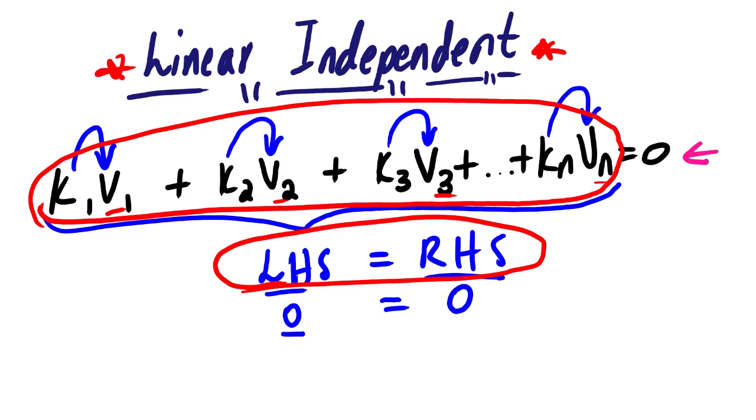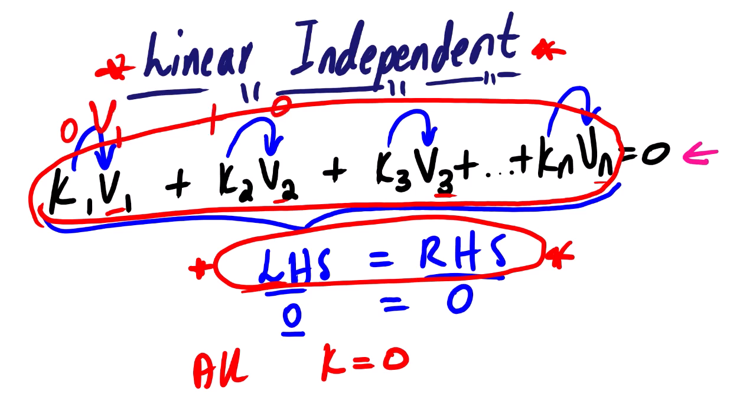Now check. The only way to satisfy this condition is that k must be equal to 0. In fact, all the values of k must be equal to 0, because 0 multiplied by v1 plus 0 multiplied by v2 plus 0 multiplied by v3 up to 0 multiplied by vn, we do agree that this will be 0 plus 0 plus 0 plus 0.